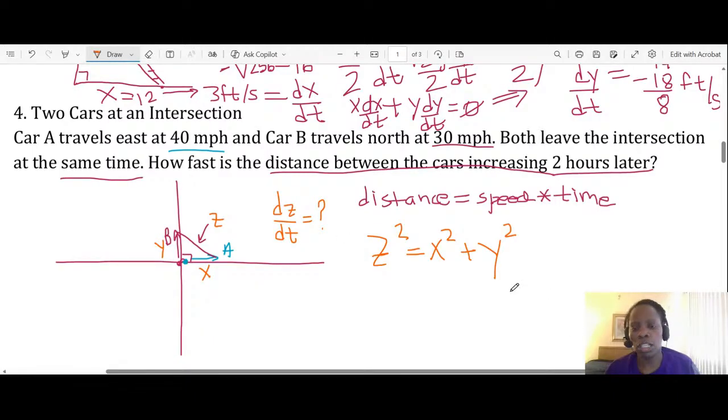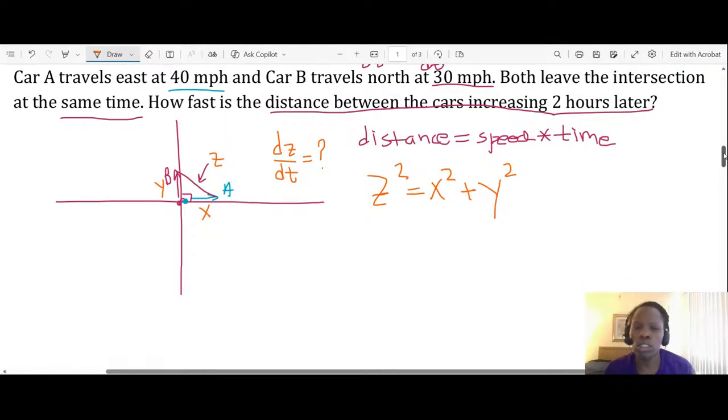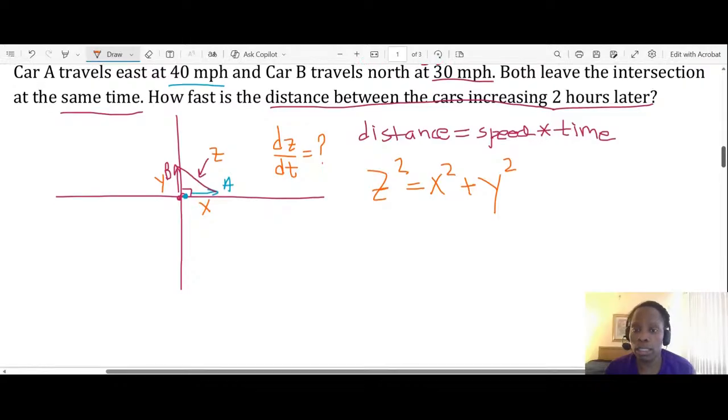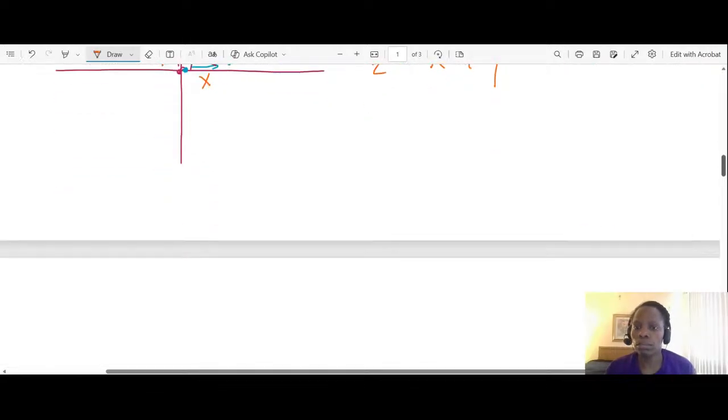Once we take the derivative implicitly, we have everything with respect to time. These are all time dependent, so we can find dZ/dt. I'm going to leave this for you to work out as an exercise. So put your answer in the comments.